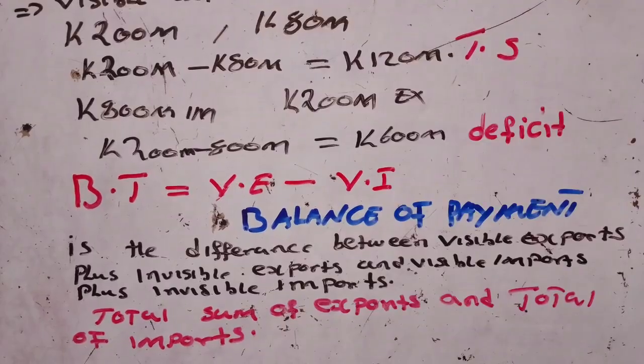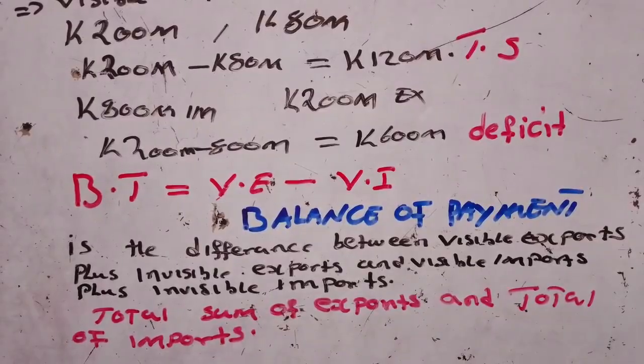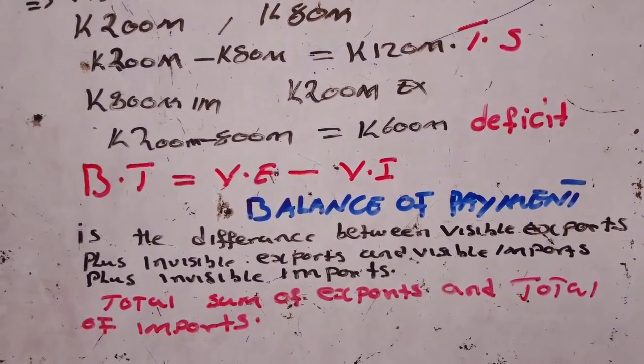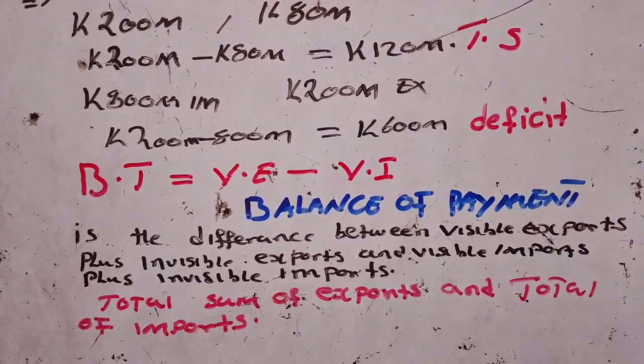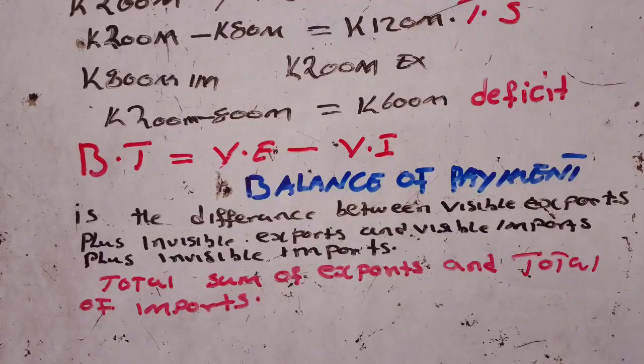So rather than saying it is the difference between visible export plus invisible export and visible imports plus invisible imports, you can just define it as the difference between the total sum of exports and the total sum of imports.